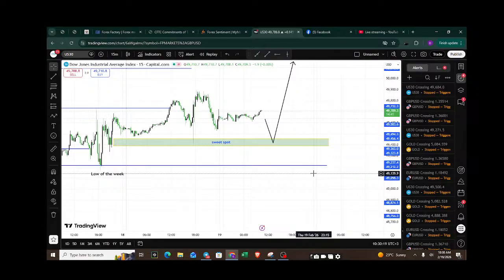So my buy limit is set. So we are entering in profits on GBPUSD.